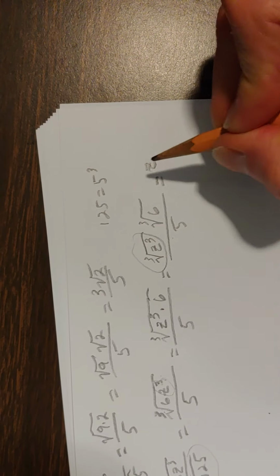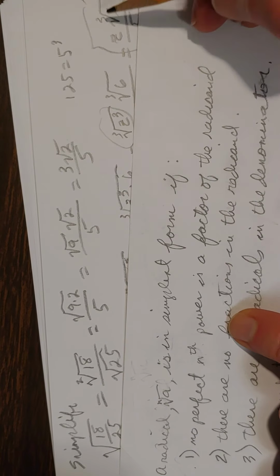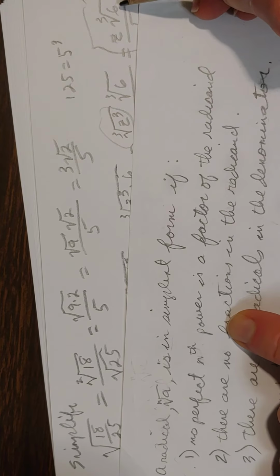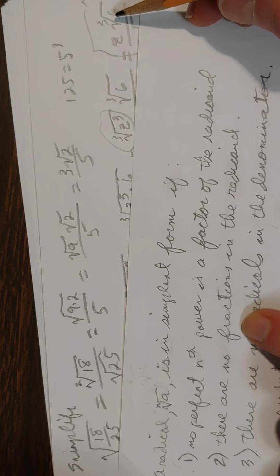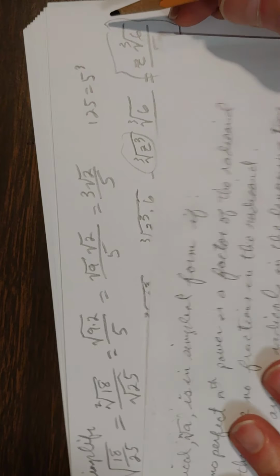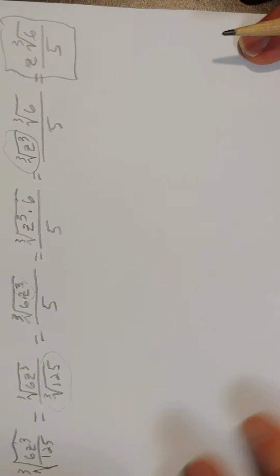So we just replace that with z times the cube root of 6, all over 5, simplest form, which satisfies all 3 conditions now. There's no perfect nth power, in this case perfect cube, that divides 6, the radicand. There's no fraction underneath the radical symbol, and there's no radical in the denominator. It's just a 5 down there. Simplest form.